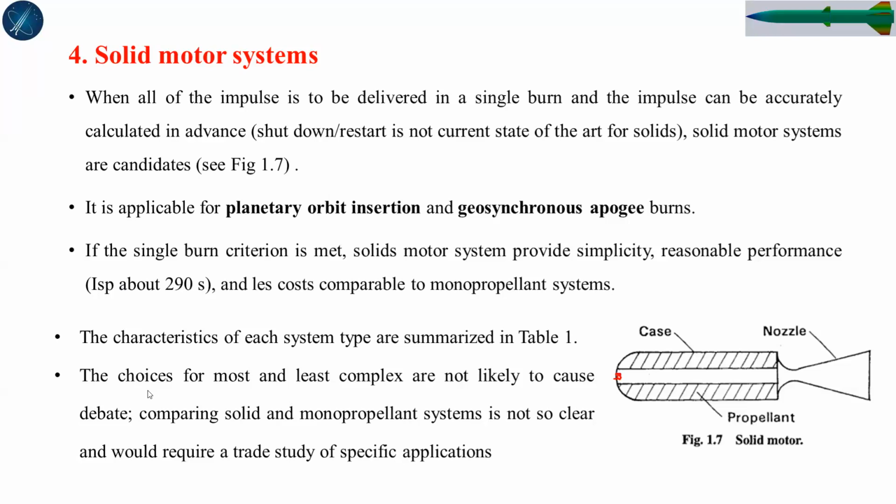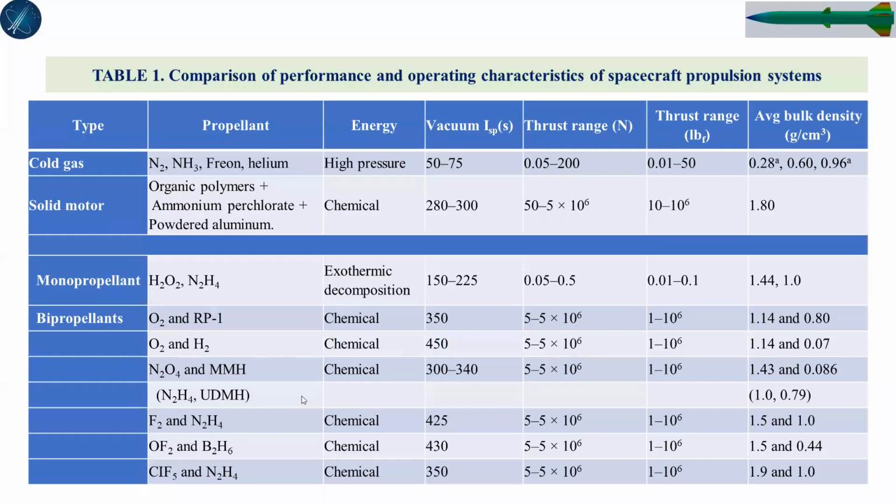So let's see the comparison between these types: cold gas, solid motor, monopropellant, bipropellant. Cold gas uses nitrogen gas, ammonia gas, freon, helium. These are the cold gases which can be stored in hypergolic or kind of.